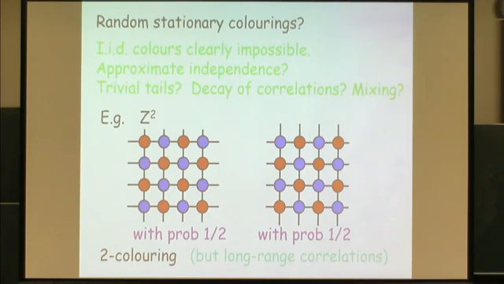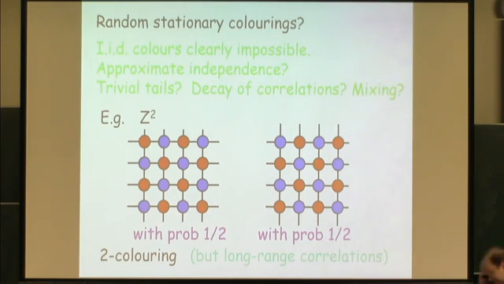If you have a finite number of colors and the vertex colors are IID, then there's no way you can get a proper coloring. But maybe you could get some sort of approximate independence, and there are many notions of approximate independence, of course. There are mixing conditions, there's tail triviality, there are decay of correlations, and so on. So this is the general area I want to work in.